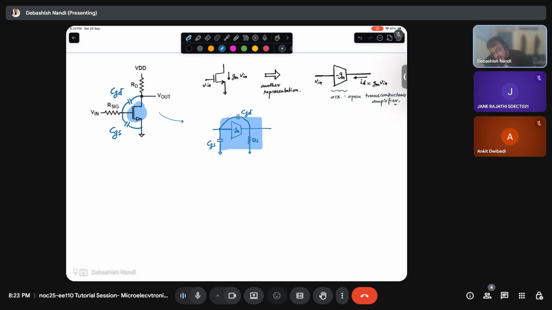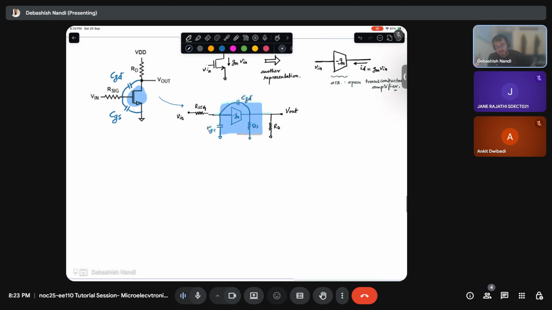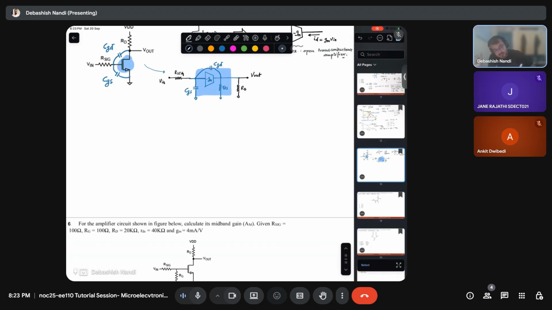And then I have my RD, which I am connecting at the output. This is my V out. And then I have R signal, and here I am applying my V input. So my circuit looks like this.